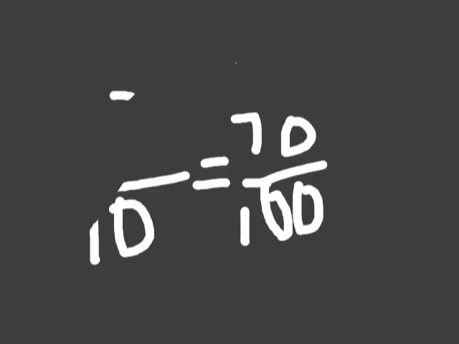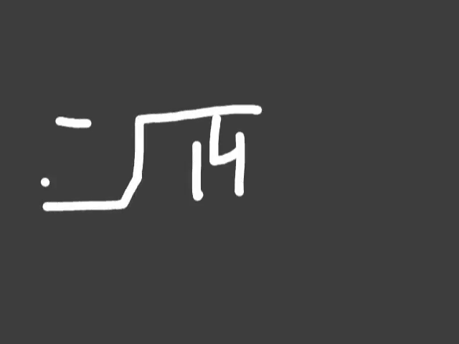So 70 out of 100 would equal 0.70 or 0.7. So now the final step is to divide. So 14 divided by 0.7. Carry the decimal on both sides.